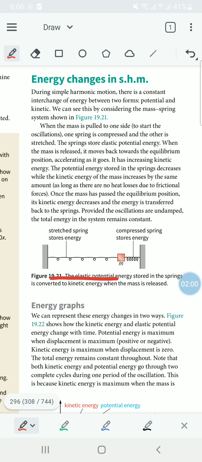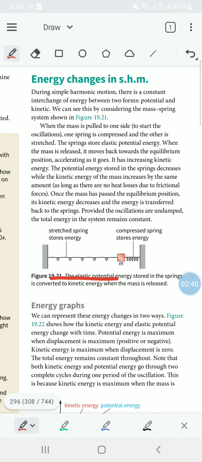This results in the back and forth movement of this object. When the mass is pulled to one side, one spring is compressed and the other is stretched. The springs store elastic potential energy. The compressed one has elastic potential energy because it can spring back to its original position. The stretched one also has elastic energy stored because it can go back to its shorter length.